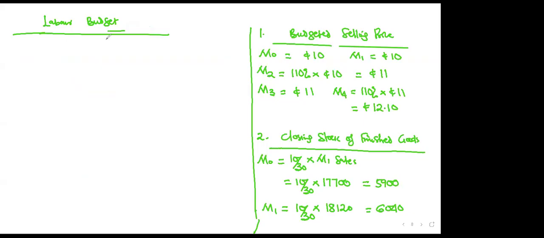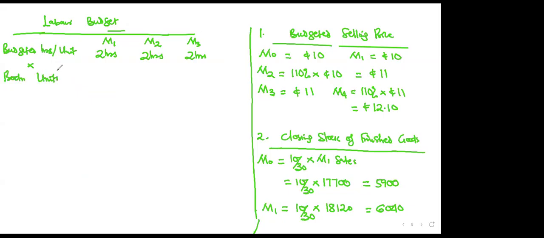So if we come back to the labor budget, for month 1, month 2, month 3, the budgeted hours per unit is 2 hours, 2 hours, 2 hours. Then we multiply by the production units.